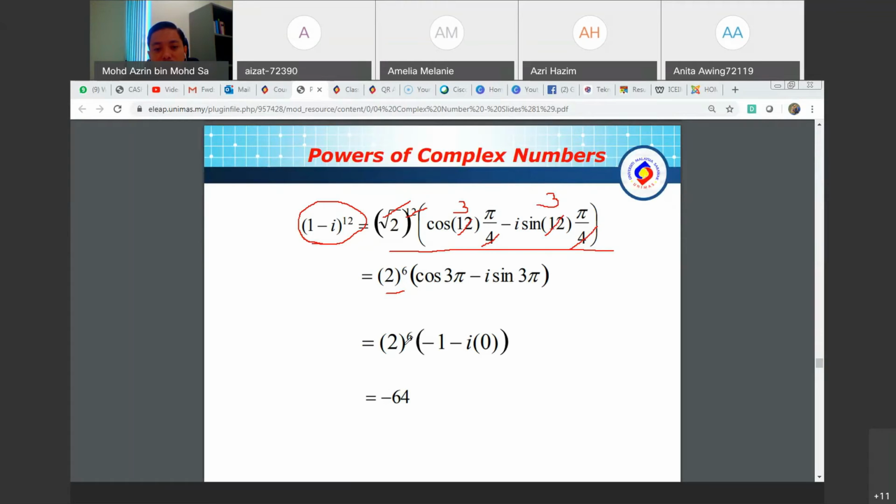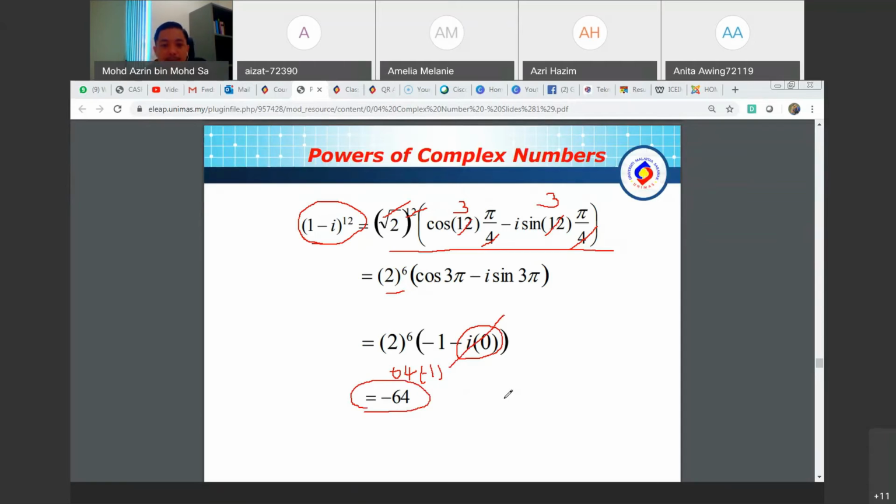Then you get 2 power of 6 minus 1 minus I power of, ni times by 0. So you will get 2 power of 6 is 64, darab dengan 1, sebab ni kosong. So you get the answer is 64.